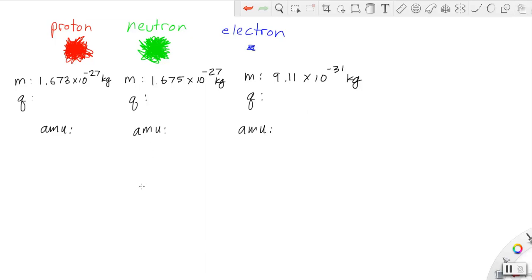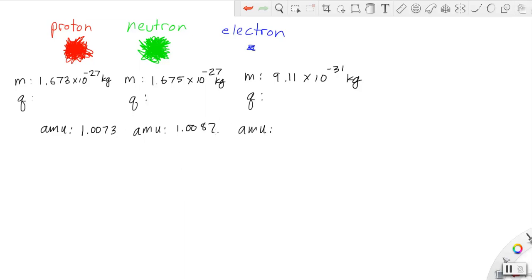If we wanted to look at these in terms of the atomic mass unit, which is named according to the carbon atom originally, so it's not exactly that a proton is one atomic unit and a neutron is one atomic unit. They're actually a little bit off of that. A proton is given as 1.0073 atomic mass units, and a neutron is given as 1.0087 atomic mass units.